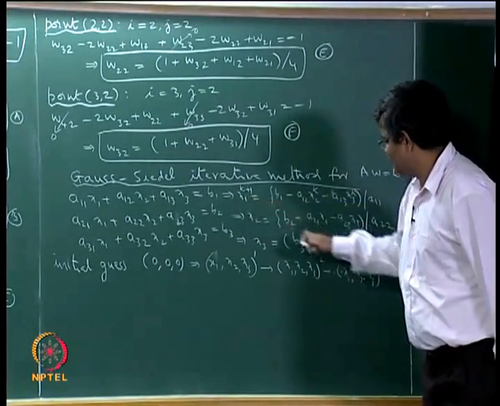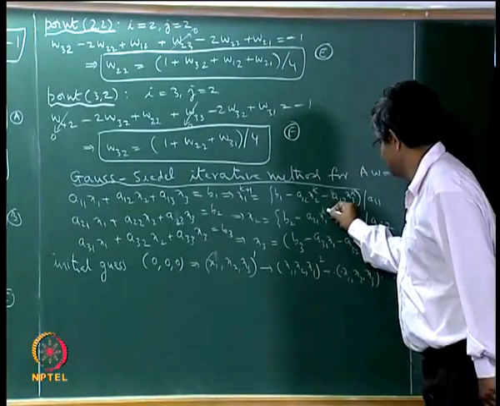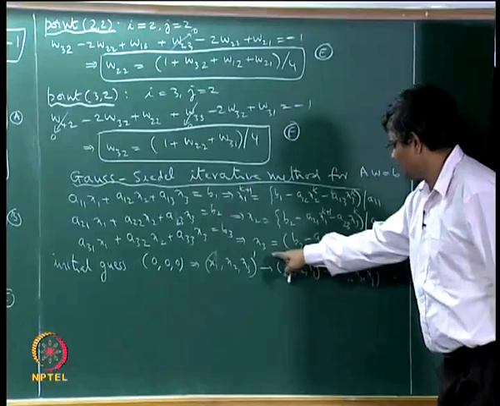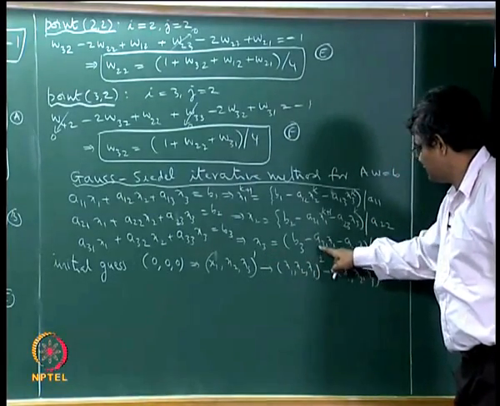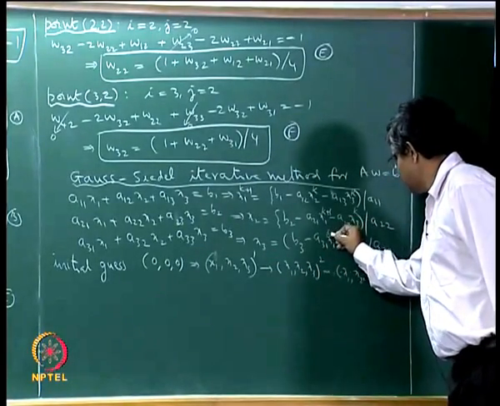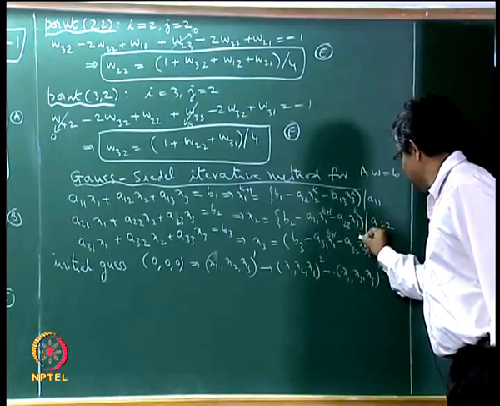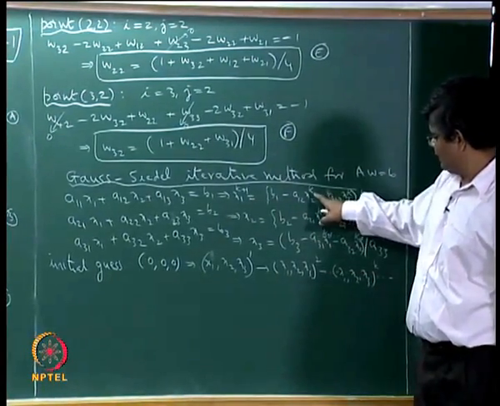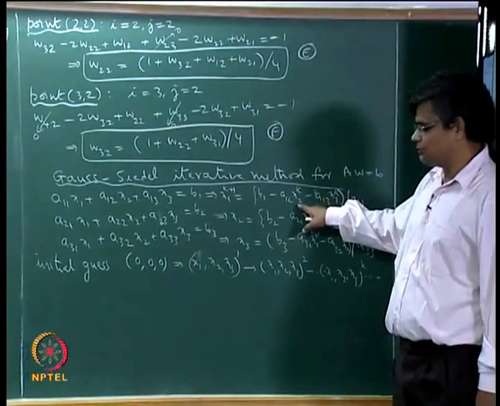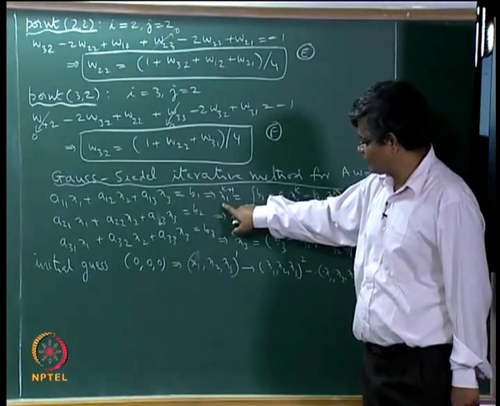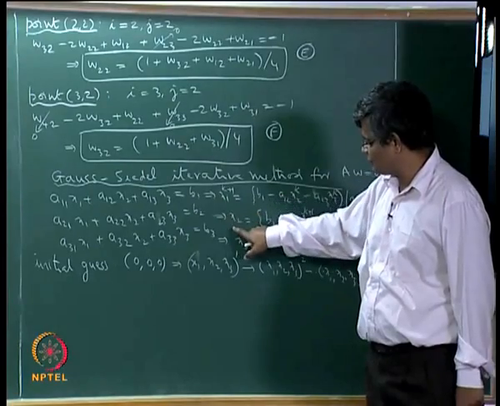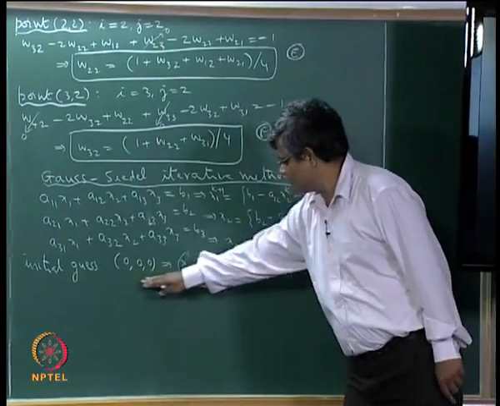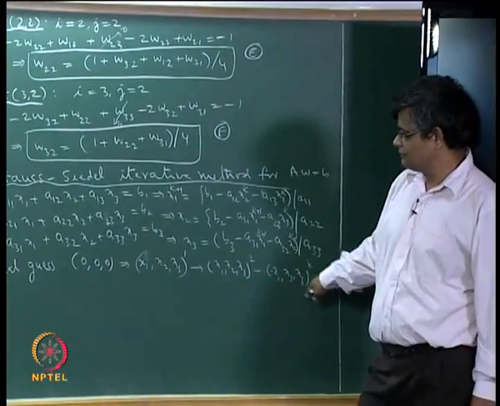We already have the k plus 1th value, so this is k plus 1 and this is k here, and x3 is evaluated as b3 minus a31 x1 k plus 1 and x2 k plus 1 here. So in that way, given the kth values of x1 x2 x3, we can evaluate the k plus 1th value of x1 x2 x3 like this, and in this way from a starting guess we can generate successive values.